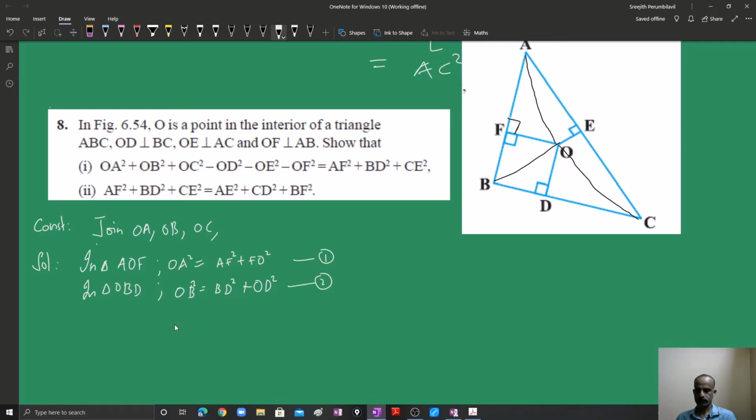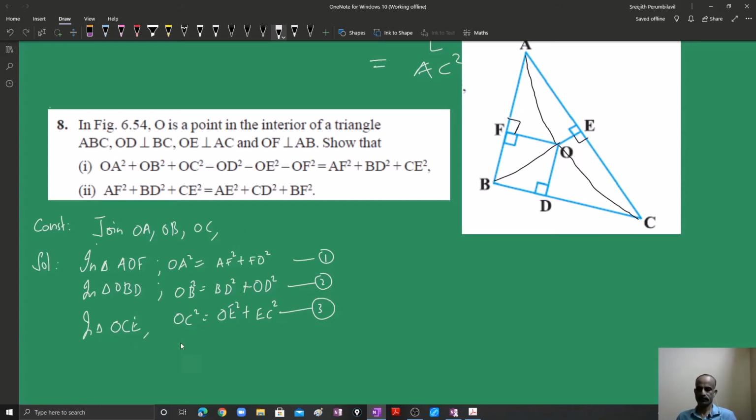Similarly, in triangle OCE, that is a right angle triangle, this is 90 degrees. So OC square is equal to what? OE square plus EC square, relation number 3. Now, we need OA square plus OB square plus OC square.